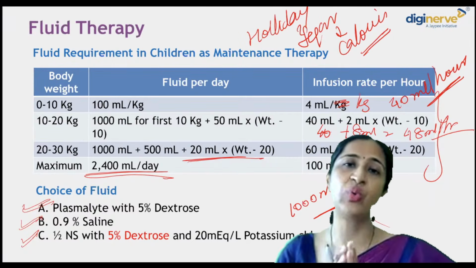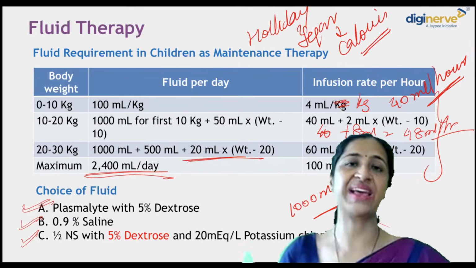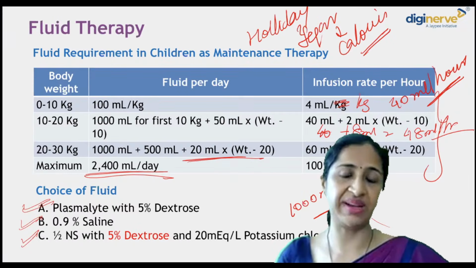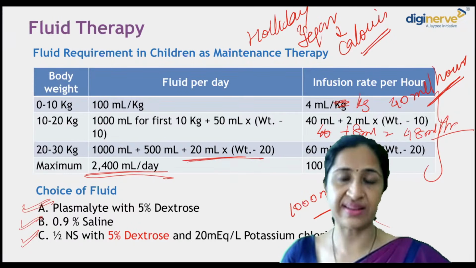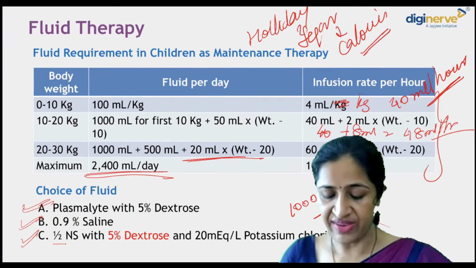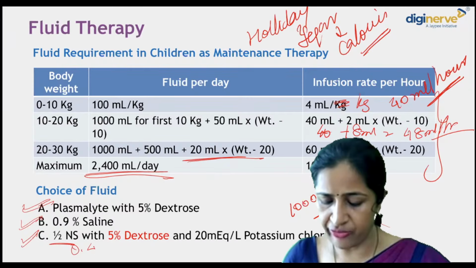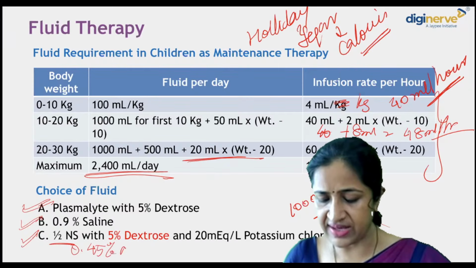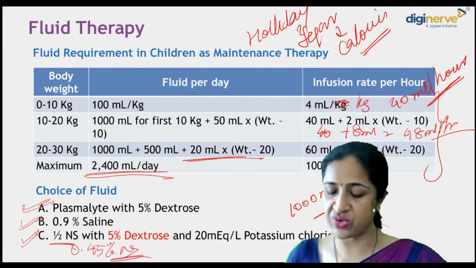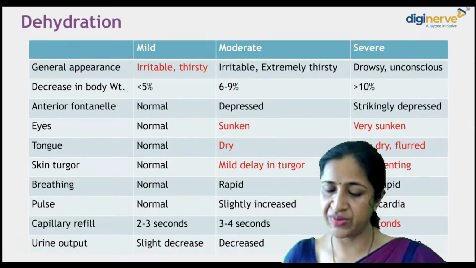Plasma-Lyte has all these electrolytes already, whereas half normal saline will be half the concentration, that is 0.45% NS, with 5% dextrose and potassium chloride.